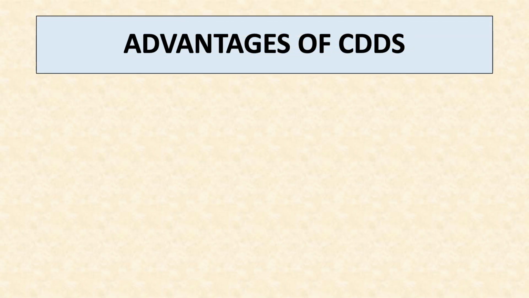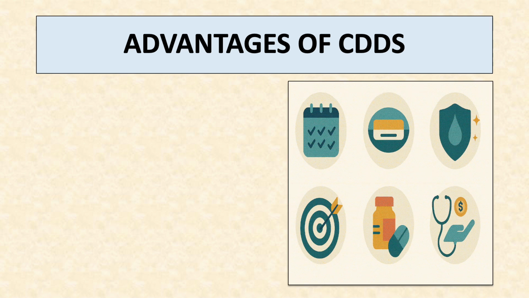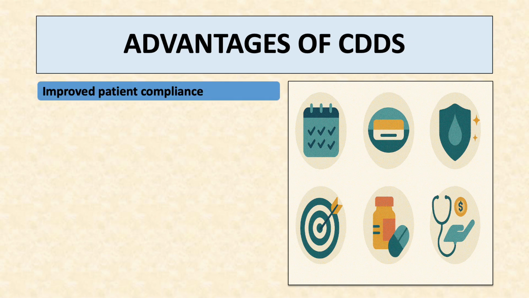We have already discussed why controlled drug delivery is needed. Now let's go one step further and look at the specific advantages this system brings to both patients and healthcare providers. So first, improved patient compliance.